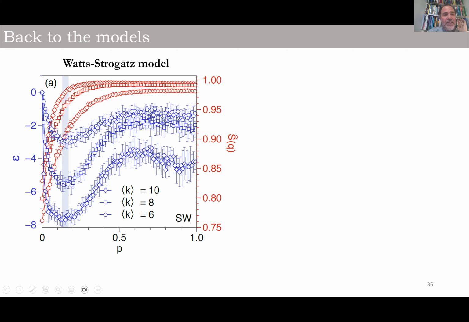The first thing is that the walk richness increased with the rewiring, and this is intuitive because we start from a regular graph and we are now changing these edges.